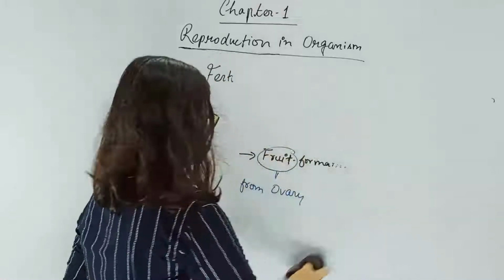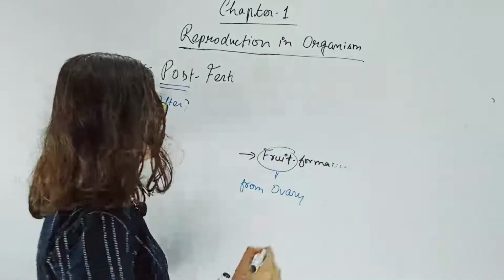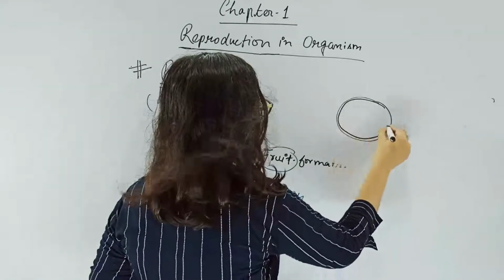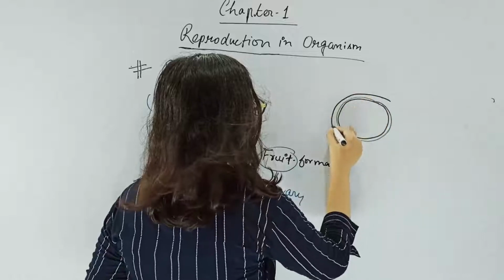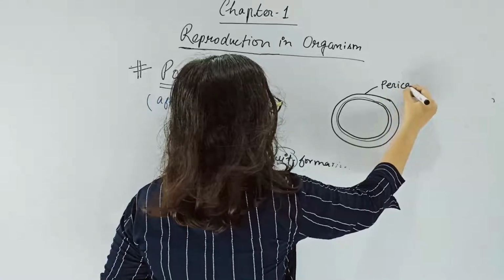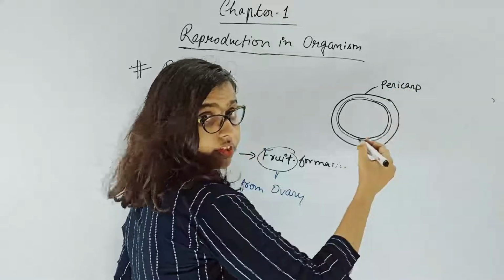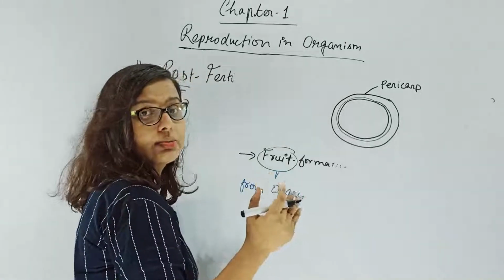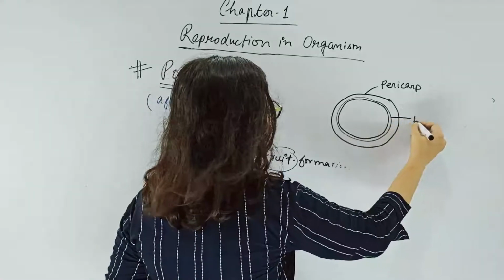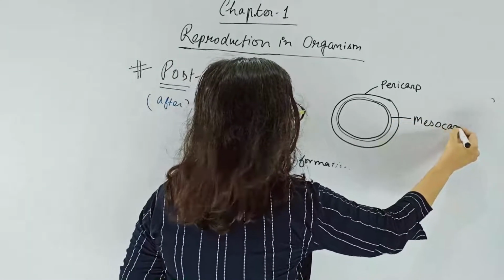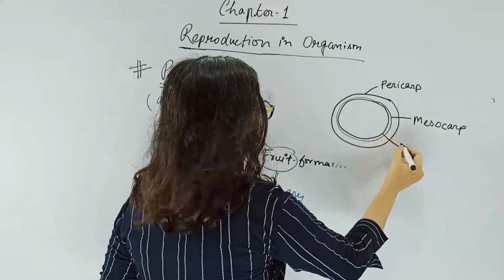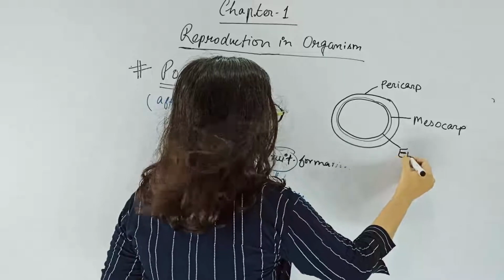Now let us see what the layers in the fruit are. So a fruit can contain pericarp, mesocarp and endocarp. Pericarp means outermost. The peel of any fruit, suppose there is a mango, the peel of the mango will be the pericarp. Then there is the mesocarp, the fleshy portion of the mango that you eat. Then there is the endocarp.